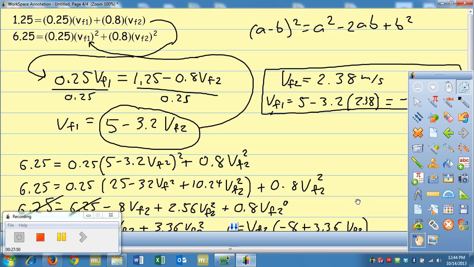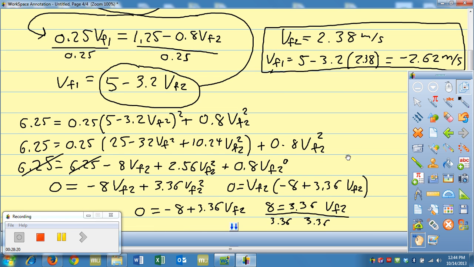And then we just have to deal with this thing, and if you're lucky, you end up with a nice situation like this where we can factor out one factor of V final 2. So we're saying either V final 2 is 0 or V final 2 solves this equation here, because if two things multiply together to get 0, then that must mean that one of those two things is 0.